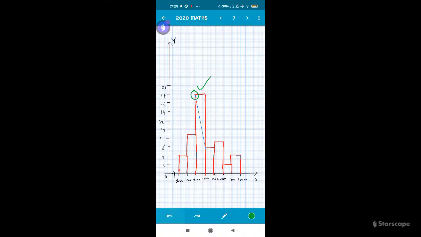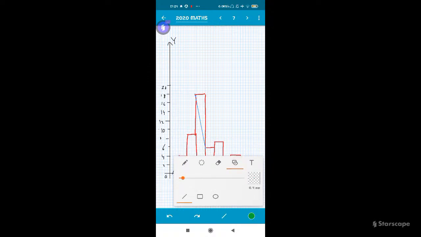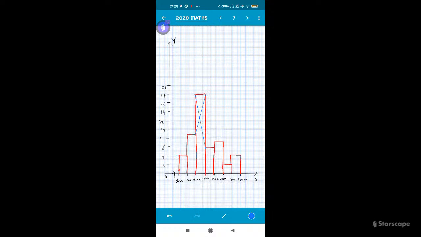Now we are going to make a line from this vertex to this point, because this particular bar is touching the longest bar at that point. So I think you all know about this, but for people who have forgotten it by any chance, please make sure that you are recalling these things. It will be 2 lines, and from there we are going to draw a vertical line which will touch the x-axis like this.